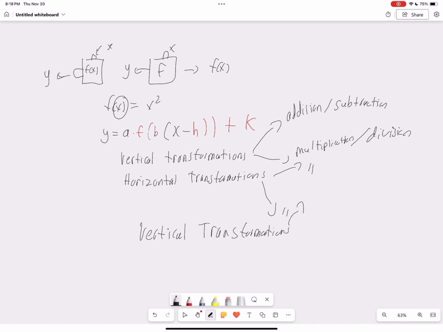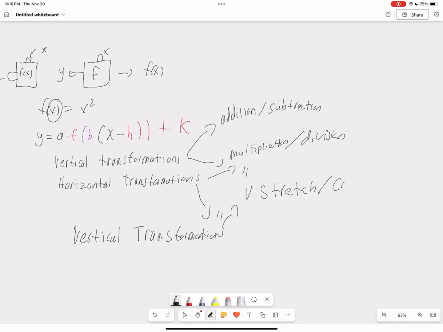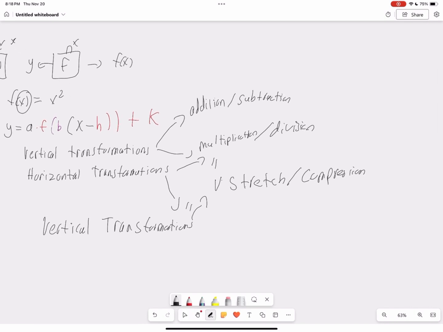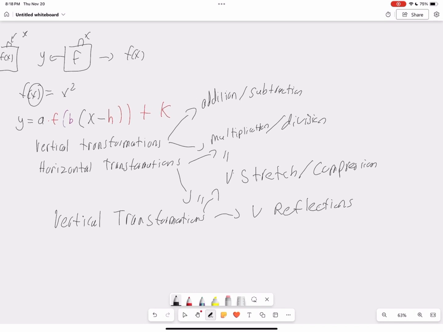We have the vertical stretch and compression, the vertical reflections, and vertical shifts.